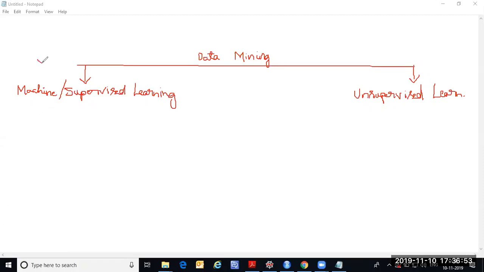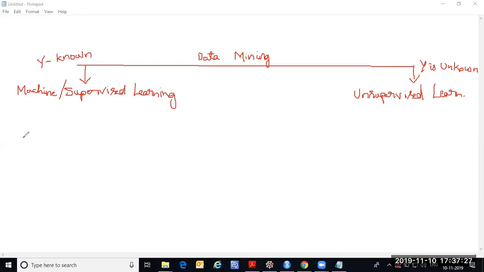If you know the output variable, what we are predicting, then y is known. I'm not talking about the value of y. I'm talking about which variable you are predicting. When y is known, you go for supervised learning. When y is unknown, go for unsupervised learning.